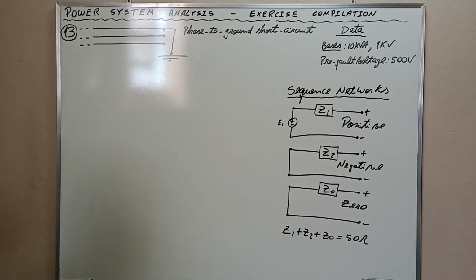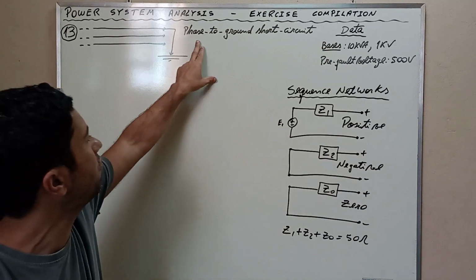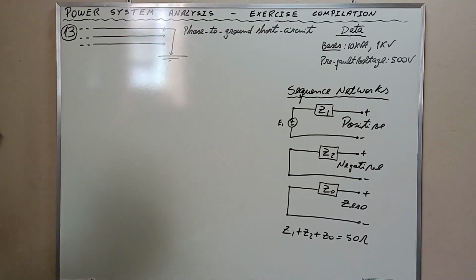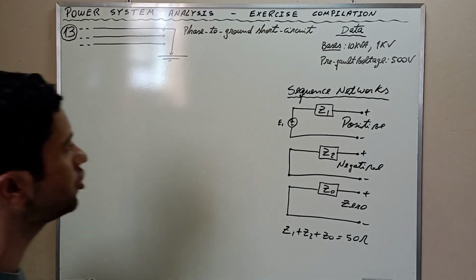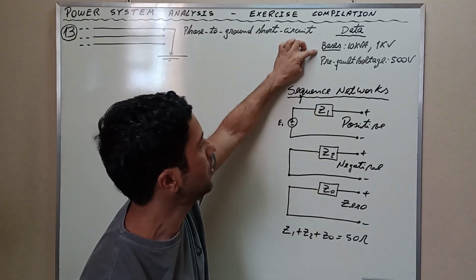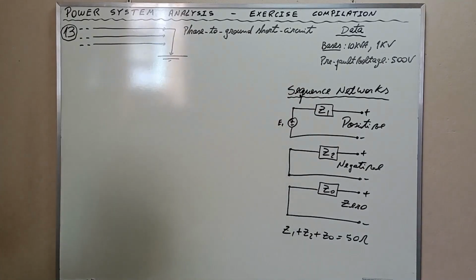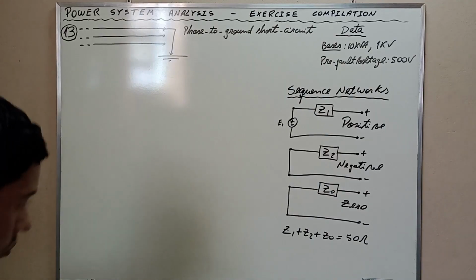Firstly, we need to understand that this is a single phase to ground short circuit. Okay? And the bases at the region where the short circuit occurred were 10 kVA and 1 kV. And the pre-fault voltage was 500 volts. Okay, my friends?